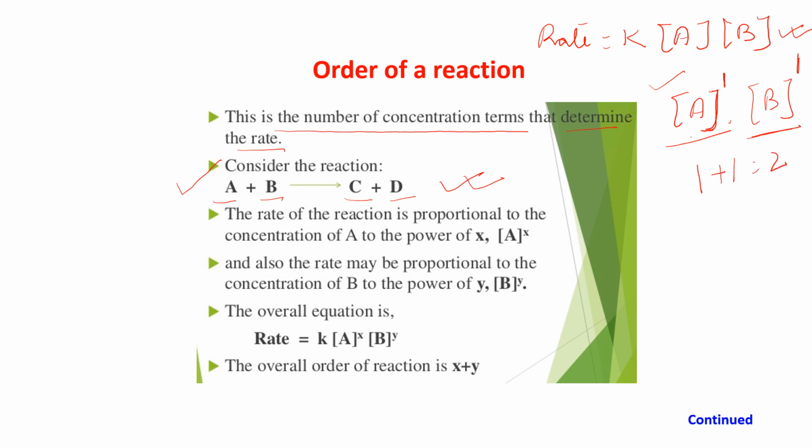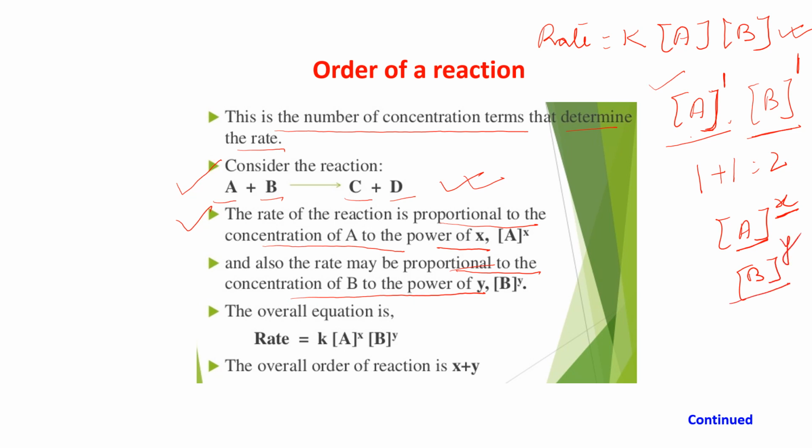In the same way, if the rate of a reaction is proportional to the concentration of A to the power x, I can write A to the power x. It means the reaction is xth order with respect to A. And if the rate is proportional to the concentration of B to the power y, then I can write B to the power y.